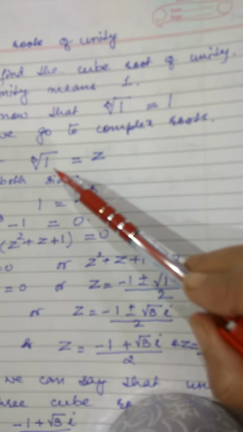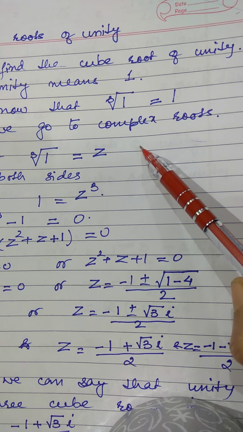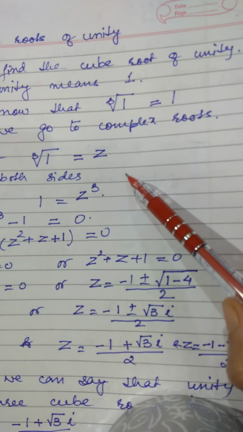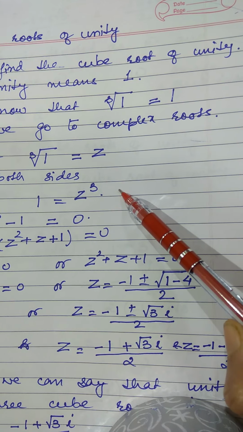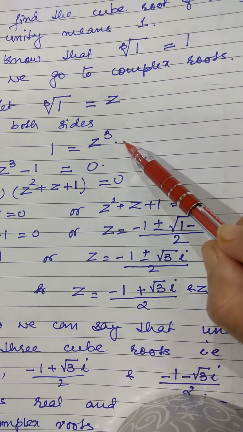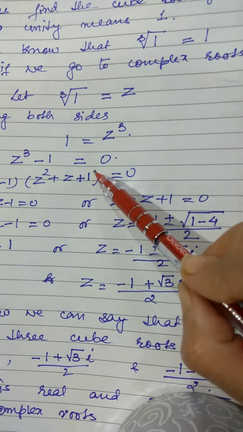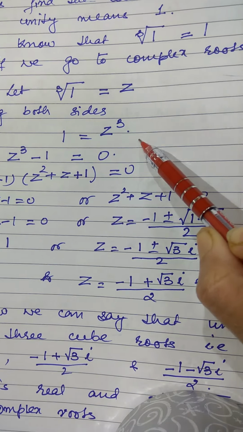Let's take the cube root of 1 is equal to z. Now cubing both sides, 1 is equal to z cube. So now the equation is z cube minus 1 is equal to 0.